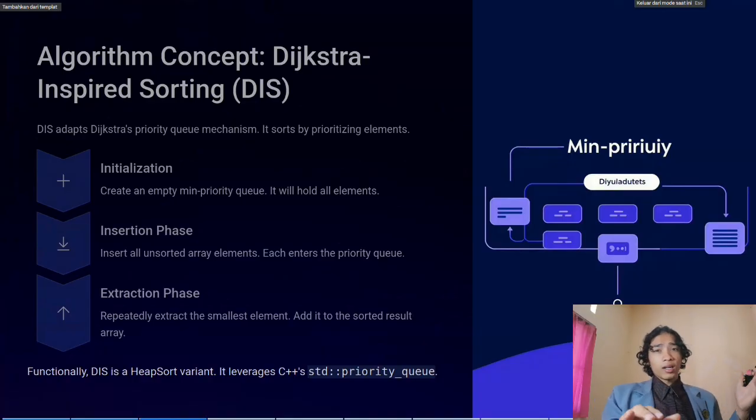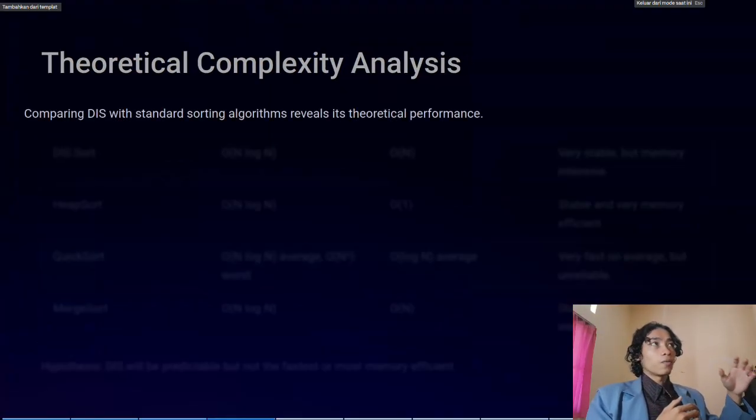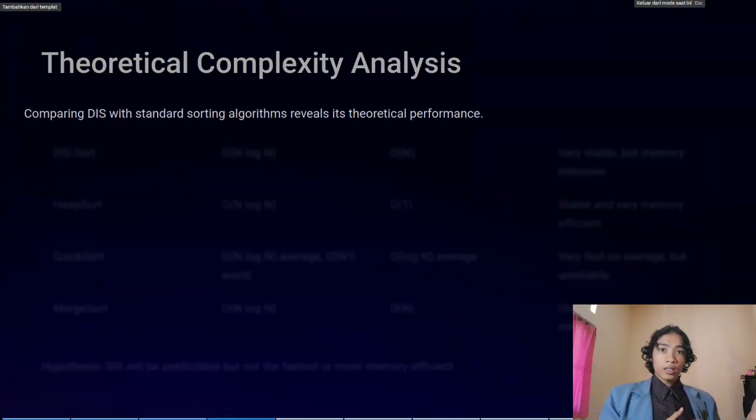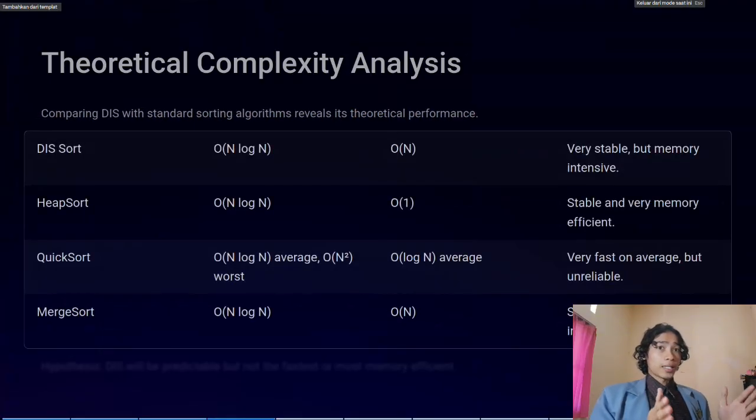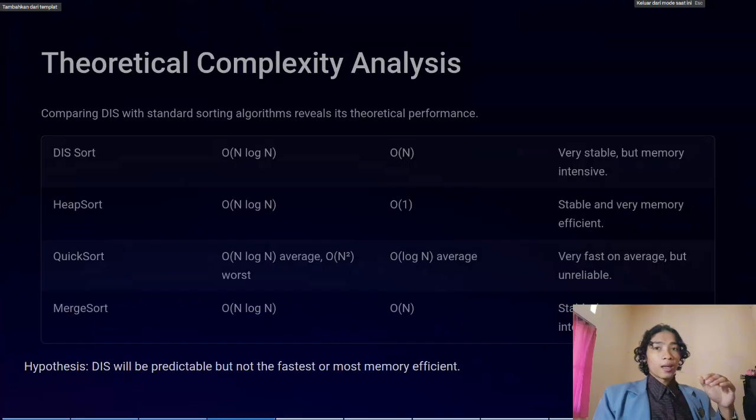Before we look at the experimental results, let's see what the theory tells us. Based on my analysis, DIS has a time complexity of O(n log n) in all cases: best, average, and worst. This makes it incredibly stable and predictable.